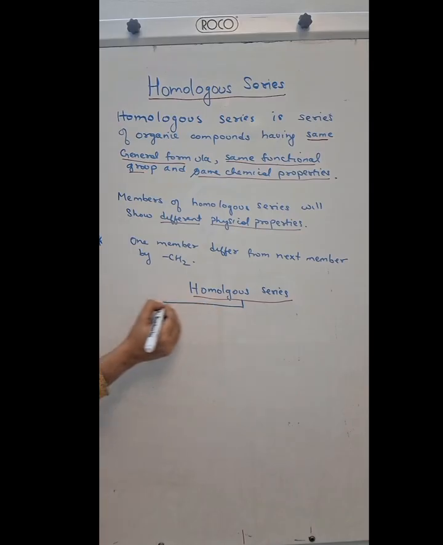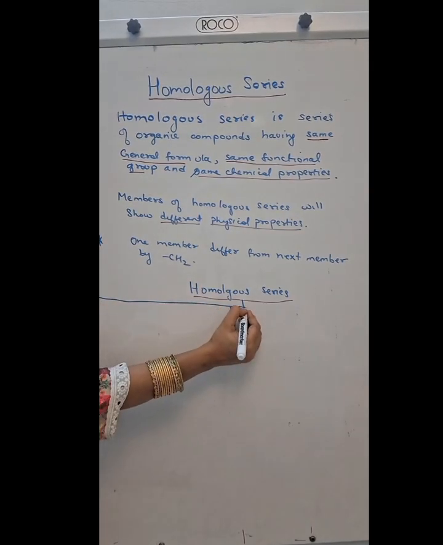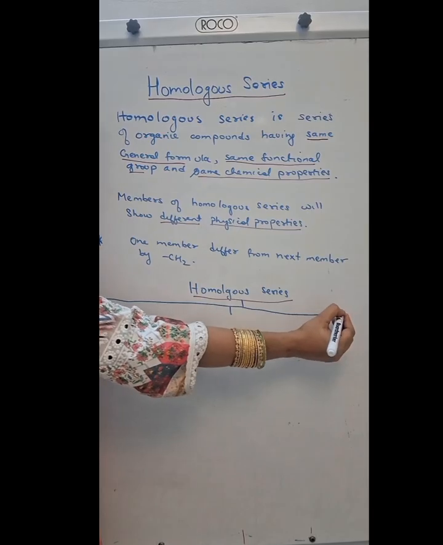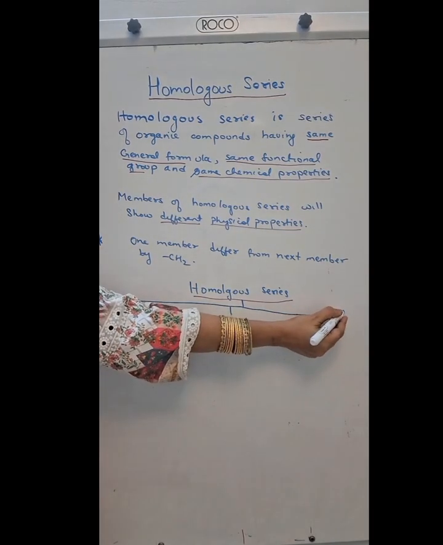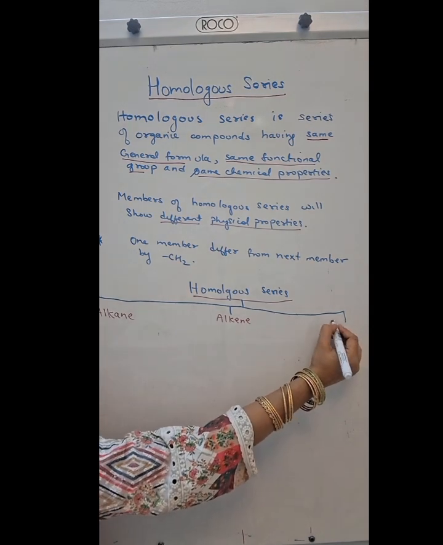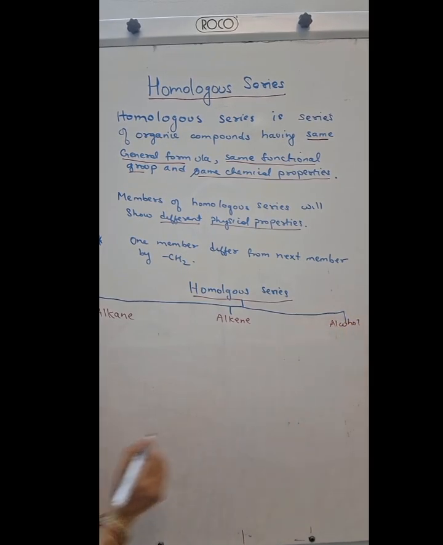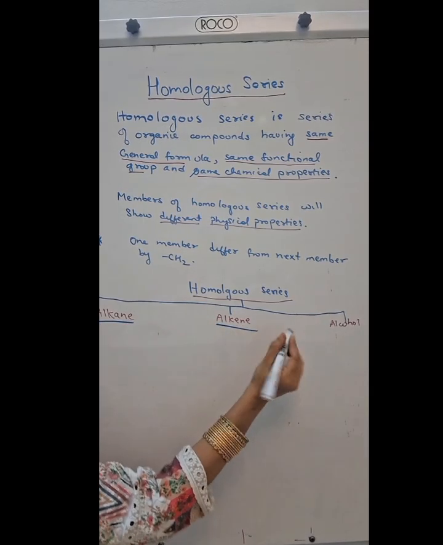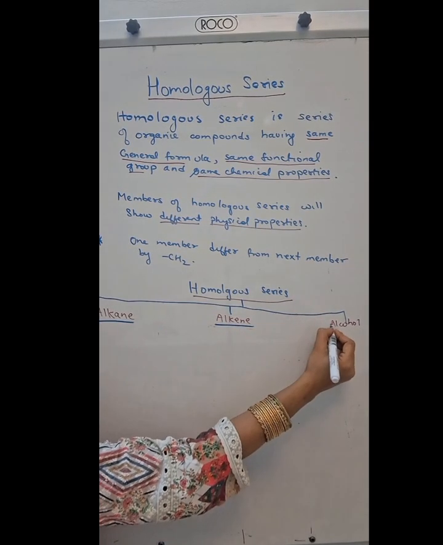The three homologous series are: first one is alkane, the next one is alkene, and the third one is alcohol.